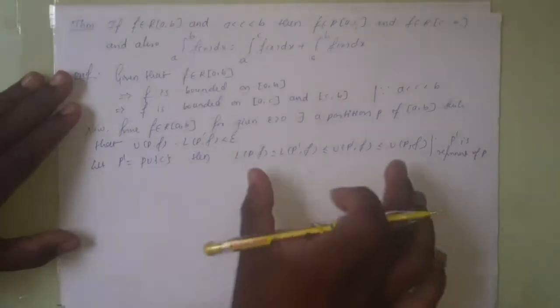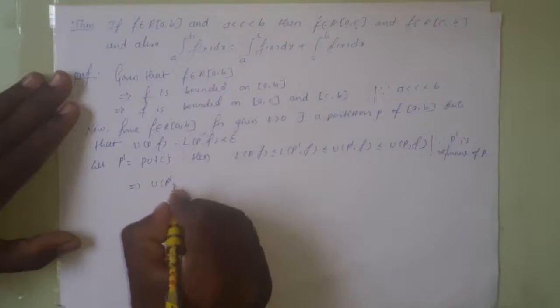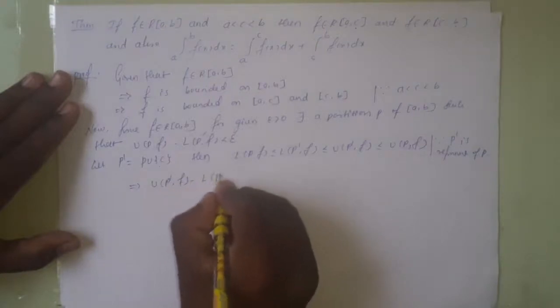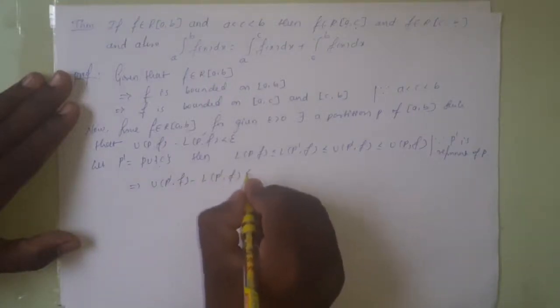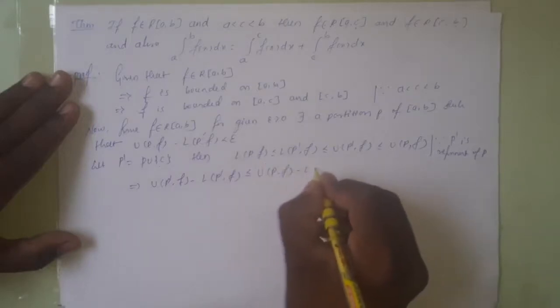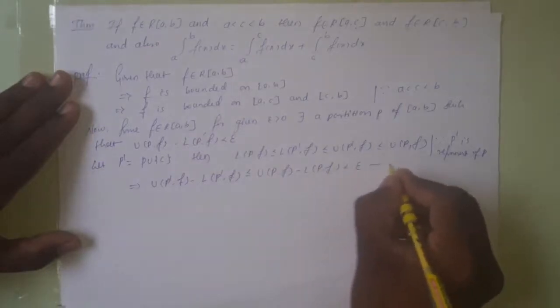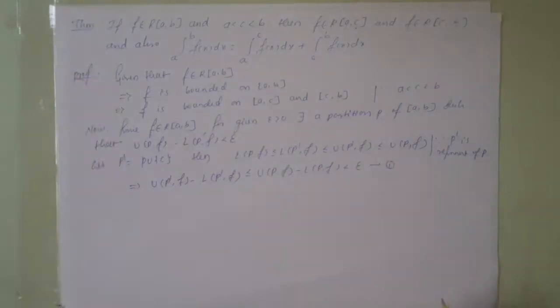So, by considering this inequality, we can write that U(P dash, f) minus L(P dash, f) is less than or equal to U(P, f) minus L(P, f), which is less than epsilon, and consider this as the first equation.